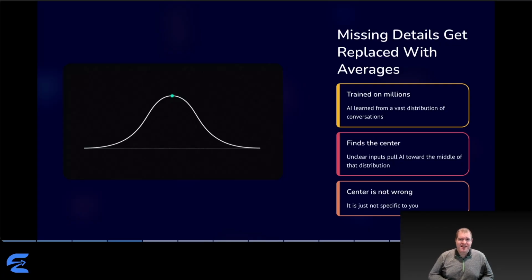But the average case covers a cleaning company, a consulting firm, a regional insurance office, and a dog groomer simultaneously. If your output could apply to all four of those businesses equally, it's calibrated to none of them. And that's not useful. That's a starting point you still have to do the real work on.